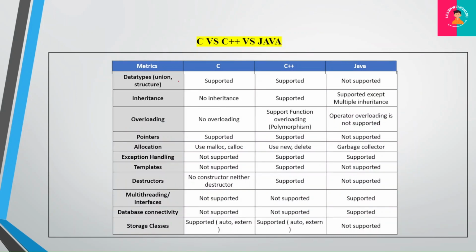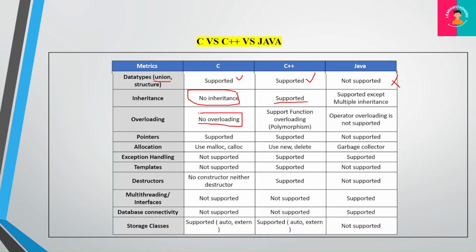Data types like union and structure are supported in C++, but in Java they are not. The interface concept is not supported in C++. Inheritance is supported in C++, and Java supports it but does not accept multiple inheritance.